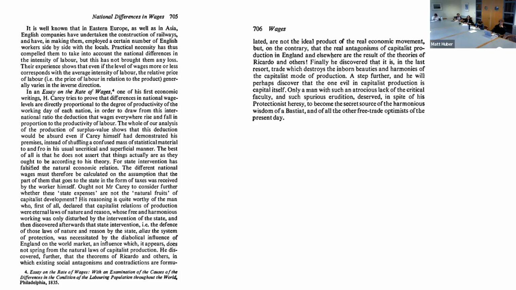So he's really hating on Carey here. But ultimately, and he goes on and on, he's trying to again say, we can't say the wage level is directly proportional to how productive the workers are, because that would, again, make us assume that the wage is the payment for how productive workers are directly and proportionally. Under capitalism, I think ultimately the wage level is more a product of struggle between the capitalist and worker.